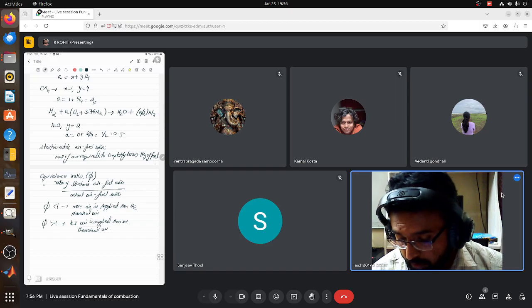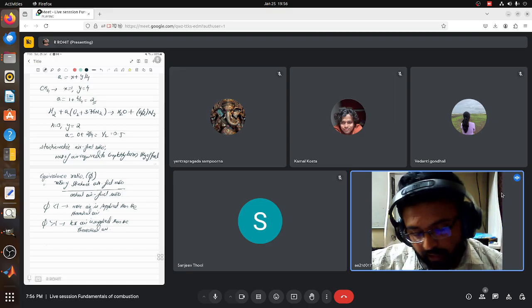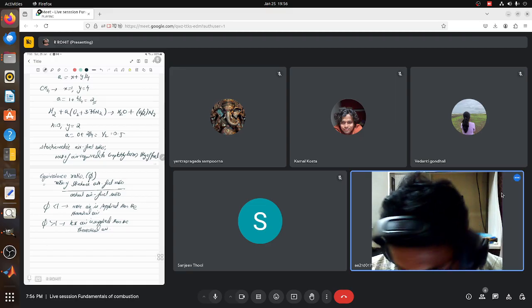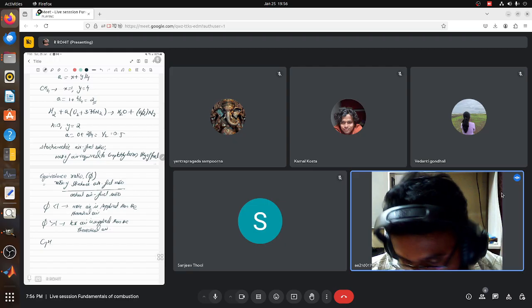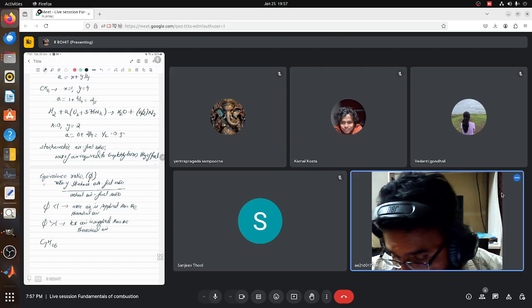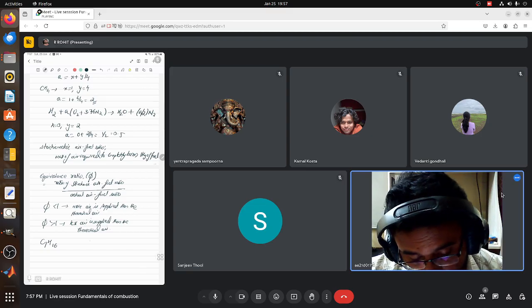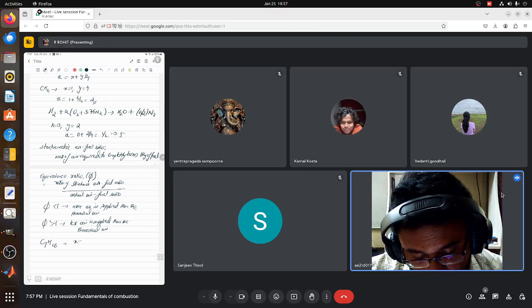For the case of N-heptane shown in the lecture, you have C7H16. From the theory, for 1 kilomole of heptane, X equals 7 and Y equals 16.